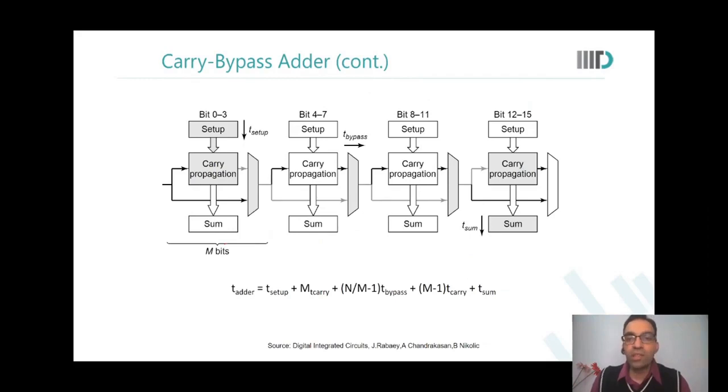You will see that the total delay of the adder would reduce, such that you will have n divided by m minus 1. So what is the critical path? The critical path would be something like this.